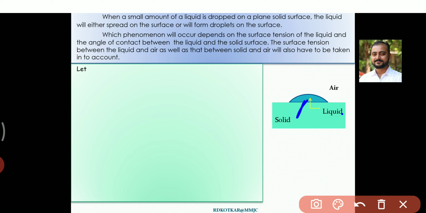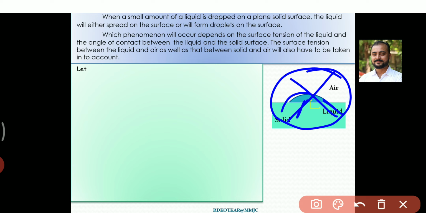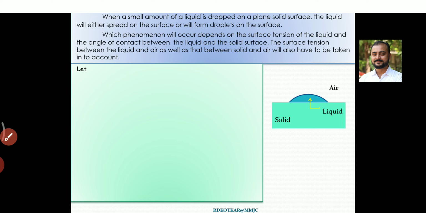Liquid-air also and air-solid also. So the surface tension between all these three parameters will decide the formation of the liquid drop. Here we consider a solid surface on which we put a liquid drop, which is shown here by the yellow arrow.